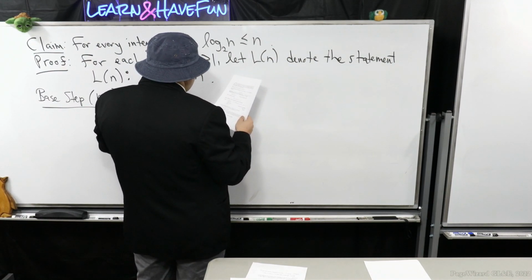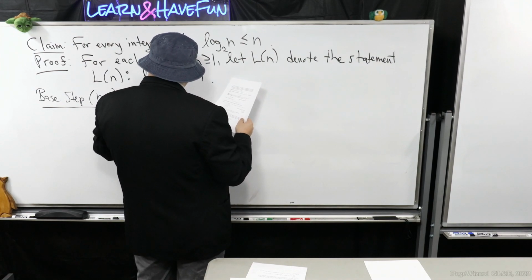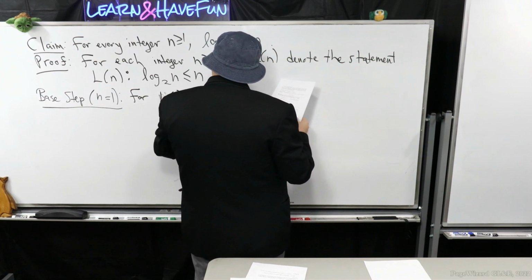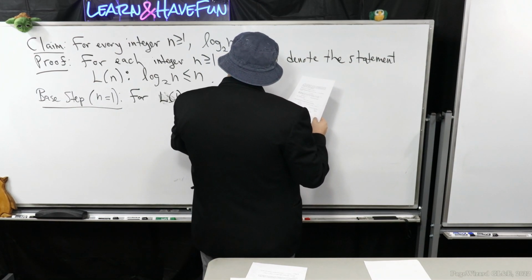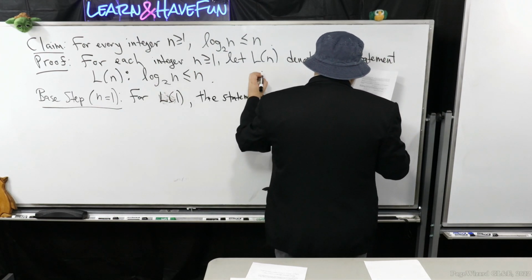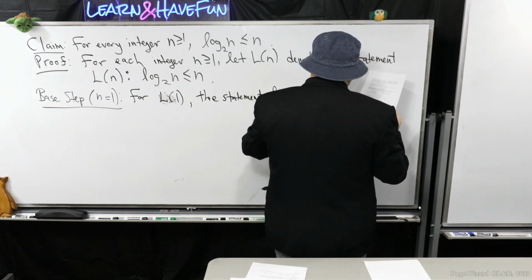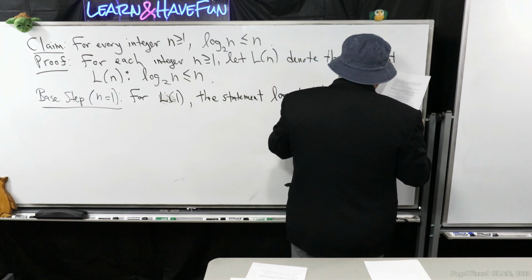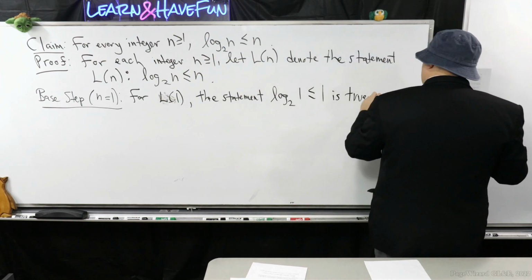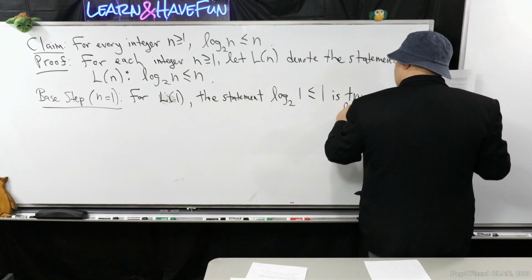For L of 1, we're going to prove L of 1 is true. The statement log base 2 of 1 is less than or equal to 1 is true as log base 2 of 1.